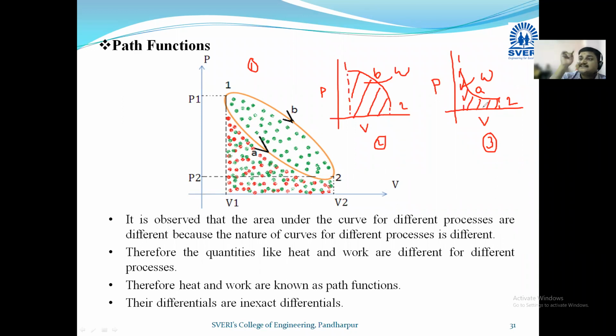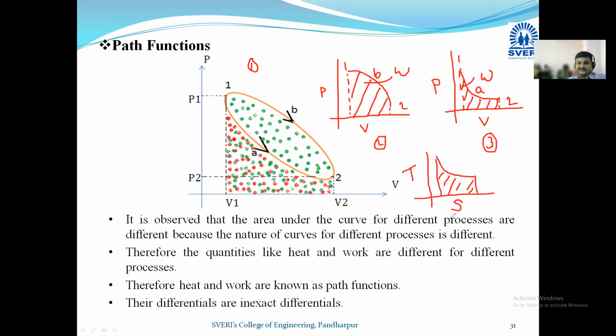Path function means such kind of things are dependent on the path. Work and heat are examples. If instead of writing PV, you write TS, that is a temperature-entropy diagram, then the portion under the curve indicates heat. And if it is a PV diagram instead of TS, then it indicates work.